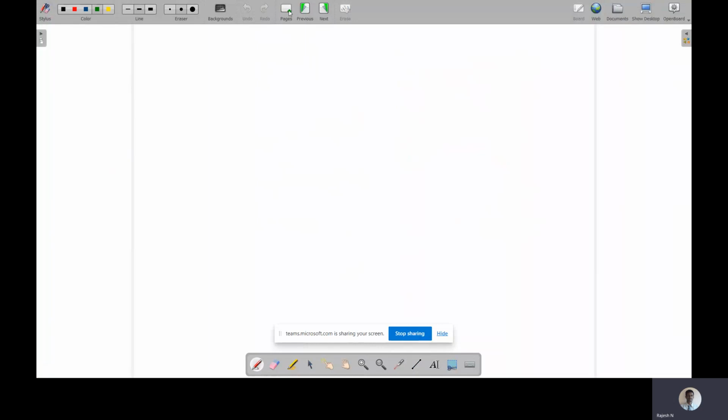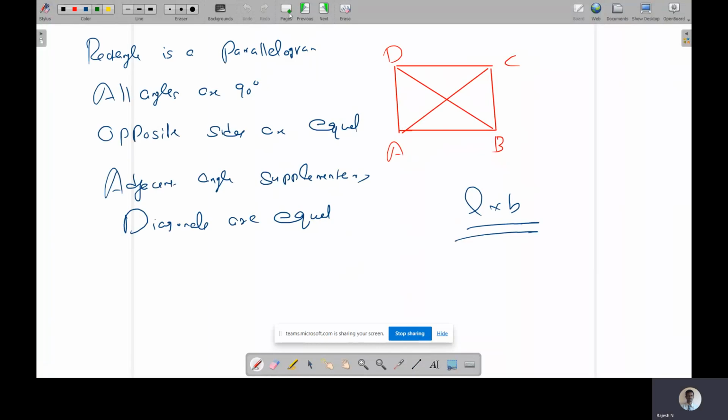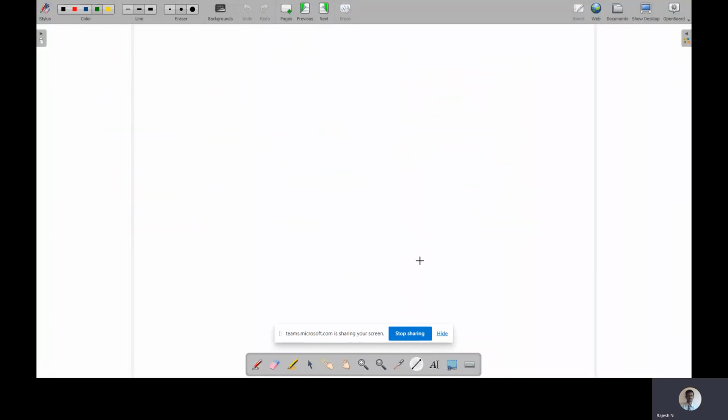In a rectangle, if all sides are equal, we will call it a square.